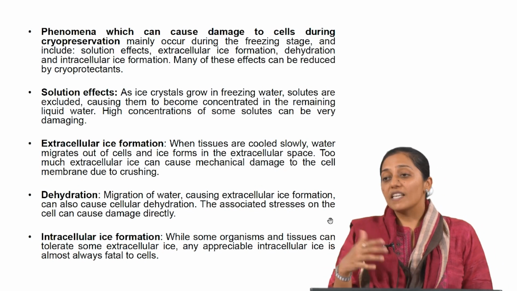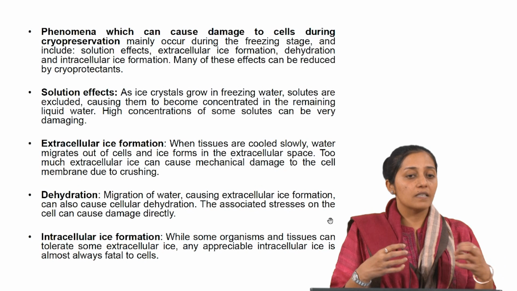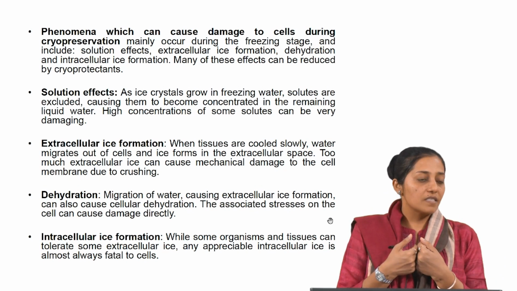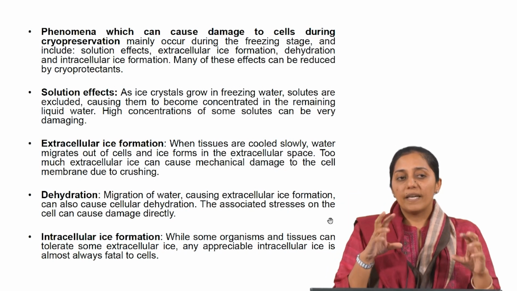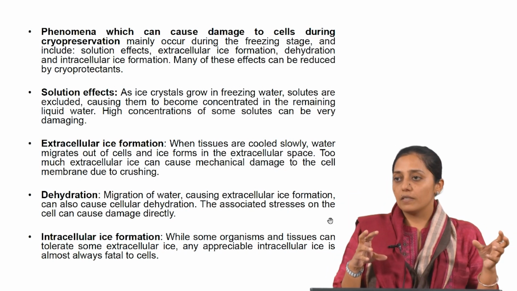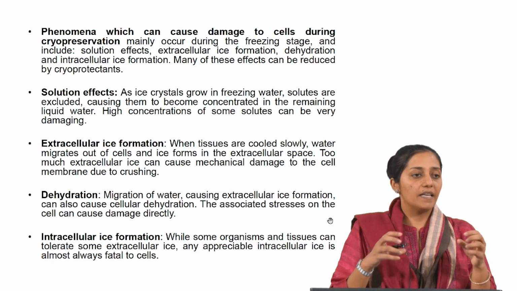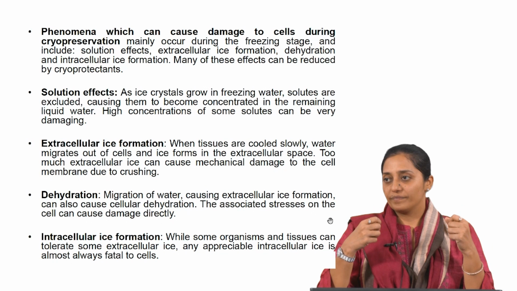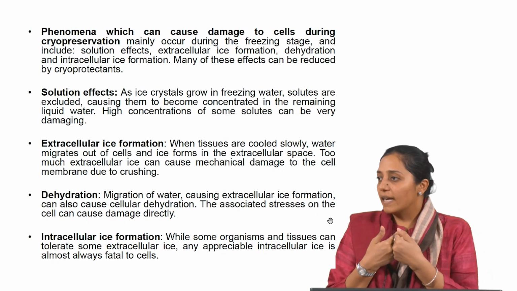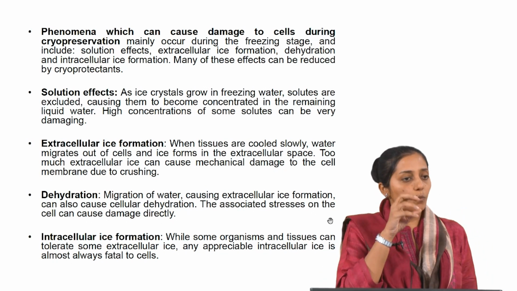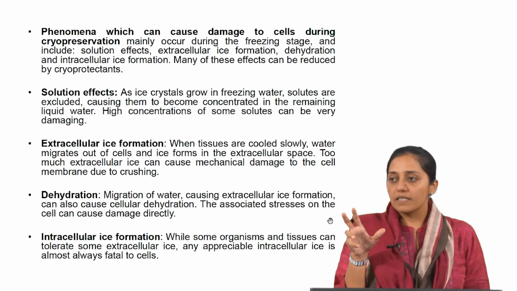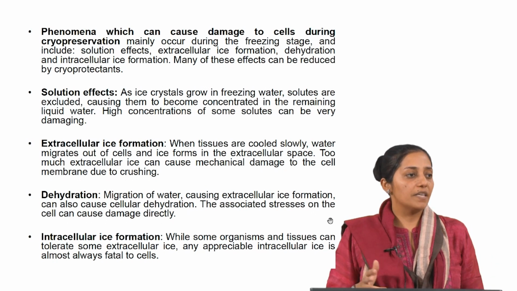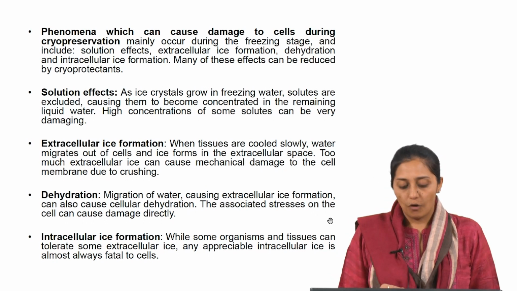Sometimes the ice forming in the extracellular space will also cause damage by pressing on the cell wall and the cell membranes. Generally, when extracellular ice formation starts taking place, the intercellular spaces get widened. There is cell to cell contact, so now there is more gap and the water there gets crystallized, and the cell walls and the cell membranes may get damaged because of the crystal formation outside.